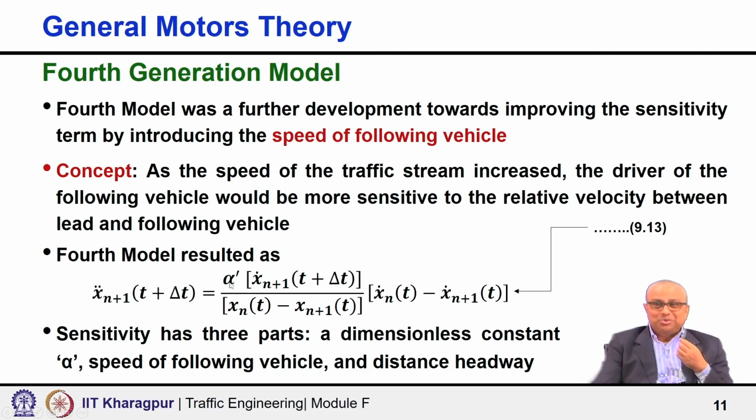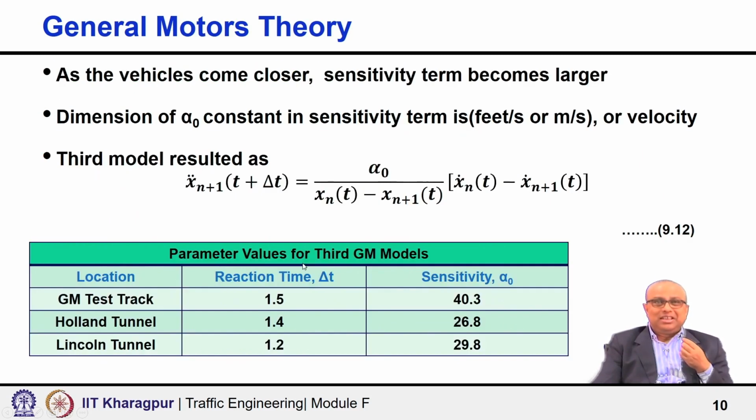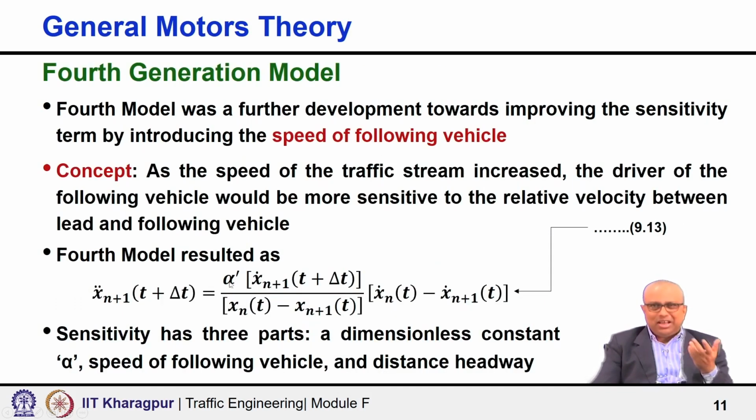So, what is the fourth model? What was earlier alpha 0, the remaining thing is the relative velocity and the distance headway, alpha 0 by x n t minus x n plus 1 t. Now, alpha 0 gets replaced by alpha dash, another constant, multiplied by the speed of the following vehicle x dot n plus 1 at time t plus delta t. Okay.